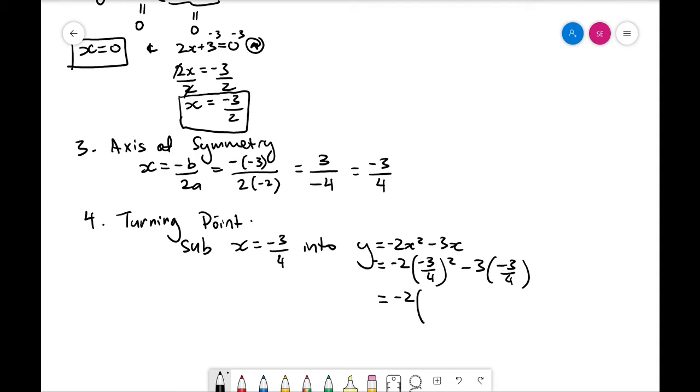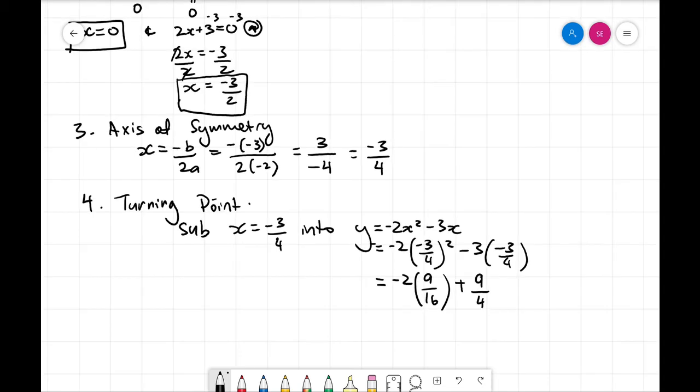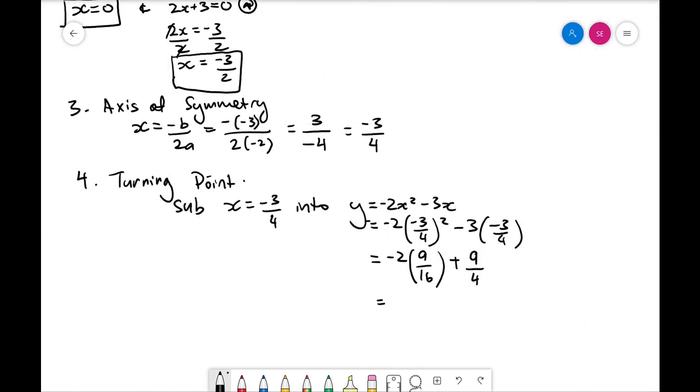So minus 3 on 4, if we square that, we'll get 9 on 16. And here, this will become a positive because it's a minus 3 times minus 3 on 4. So it'll be positive 9 on 4. So here we'll get minus 9 on 8 plus 9 on 4.